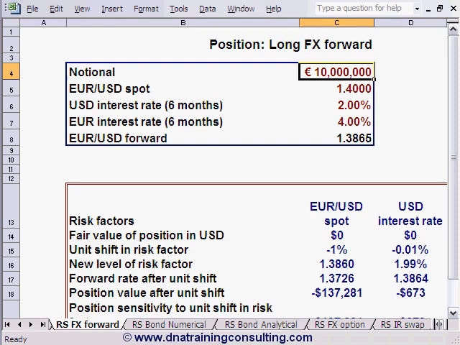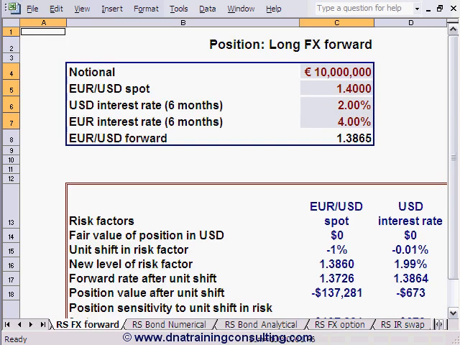The worksheet begins with the relevant market data in cells C5 to C7, namely a euro-dollar spot of 1.4 and 6-month dollar and euro interest rates of 2% and 4% respectively.